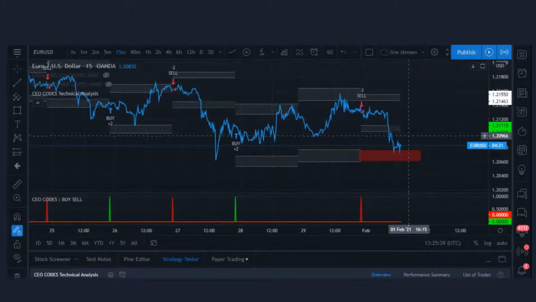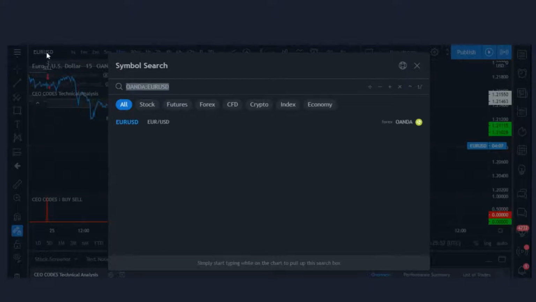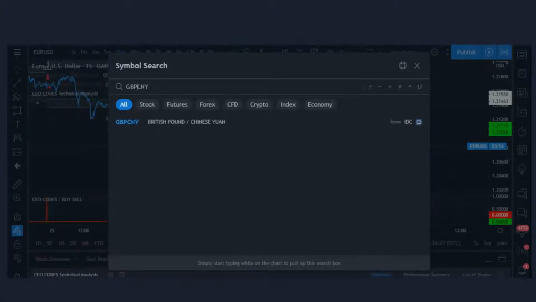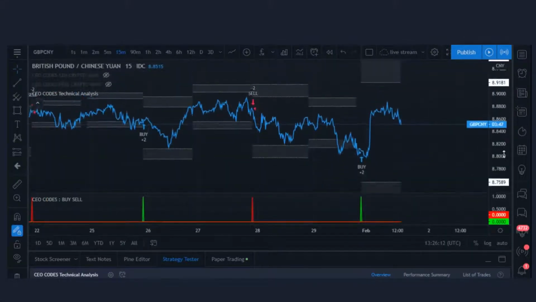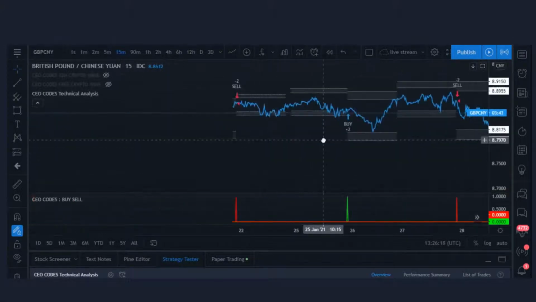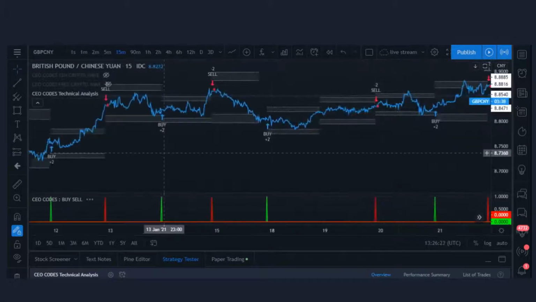GBP, the GBP Japanese yen. I think we have a big long trend.